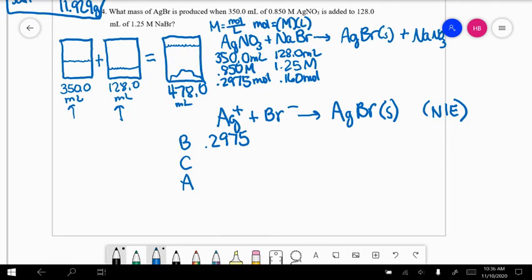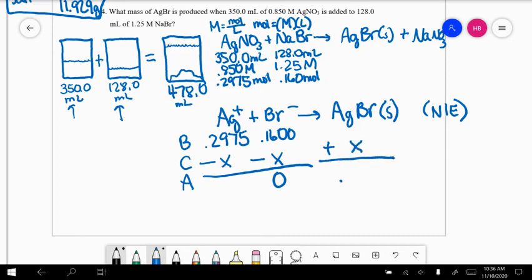There's 1 mole of bromide for every 1 mole of sodium bromide, so this comes down here like this. You can see that bromide is my limiting reactant. So I'm going to produce 0.1600 moles of silver bromide.